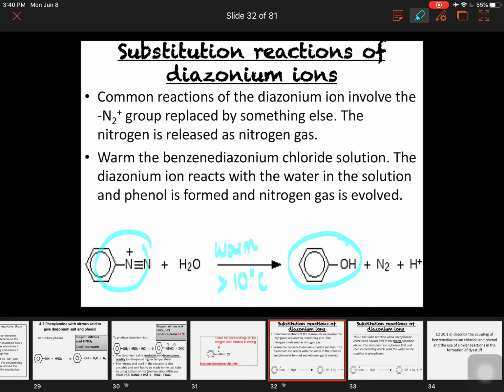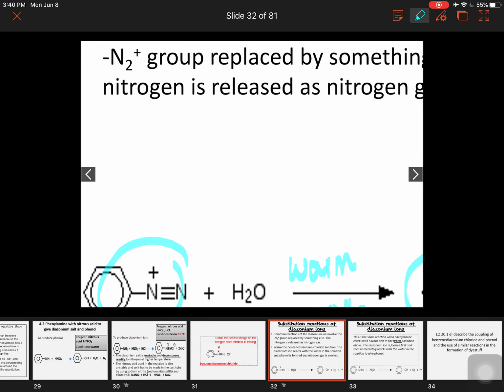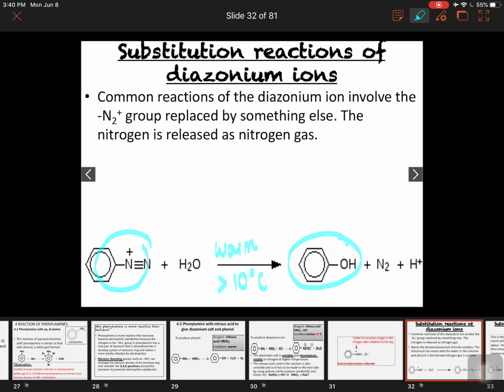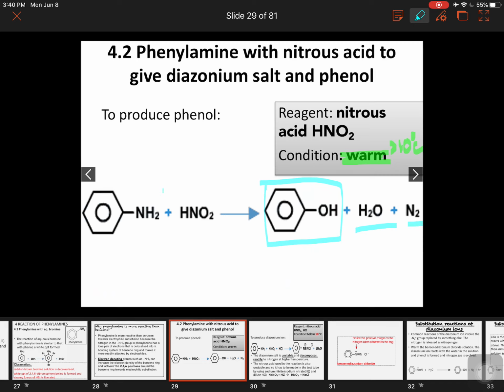Okay, so for the decomposition to phenol, really the requirement is just above 10 degrees Celsius and the presence of water. Okay, so if you go back to this slide, where you have NH2 with HNO2, actually the first step that happens there is the production of the benzene diazonium ion.